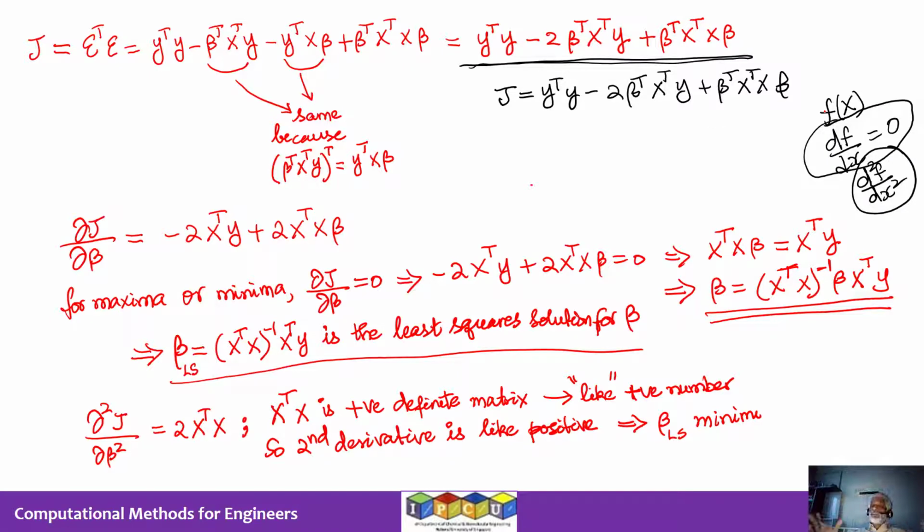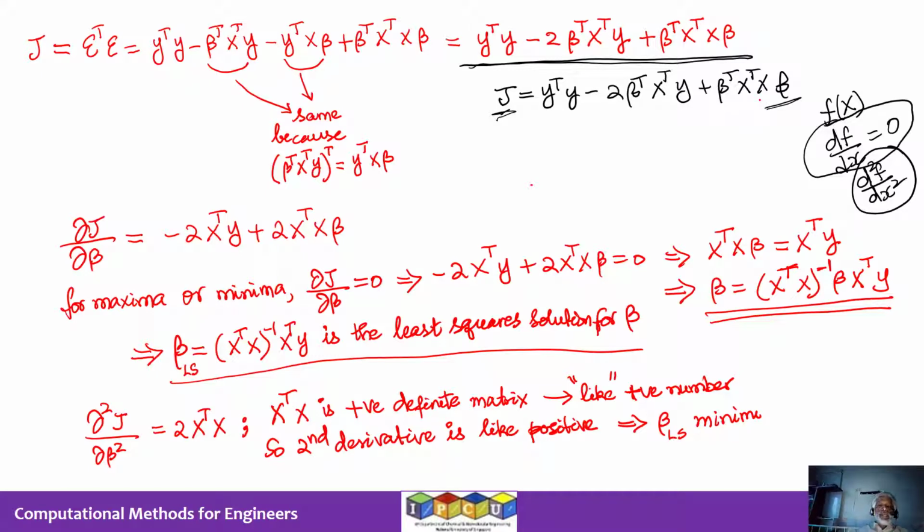That will tell us whether it's a maxima or minima or saddle point, etc. Likewise, I want to find out the minima of this function j, and the unknown here is beta. So what I'm going to do is take the partial of j with respect to beta, or the derivative of j with respect to beta.